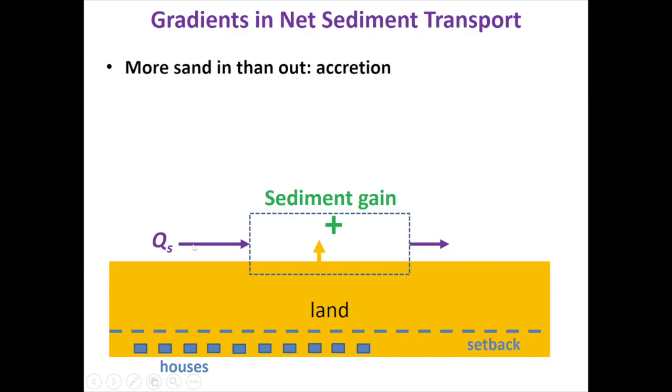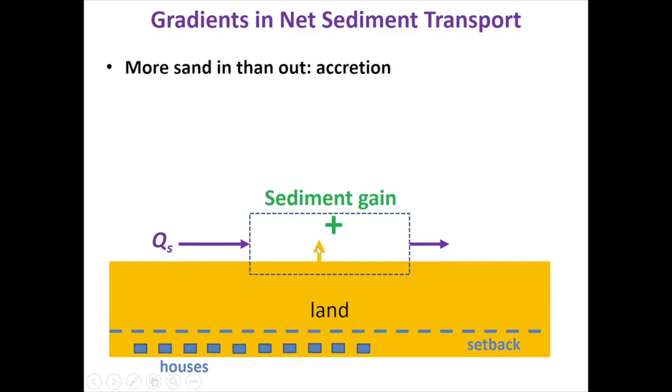In this case, we have a gradient where there's a decrease in the transport as we move along the shoreline. So if anywhere in this zone, we draw an imaginary box, we've got more sediment coming in one side than going out the other over the course of a year or 5 years. So if in the long term we're gaining sand in this imaginary box, then the shoreline must be building seaward, must be an accreting shoreline.